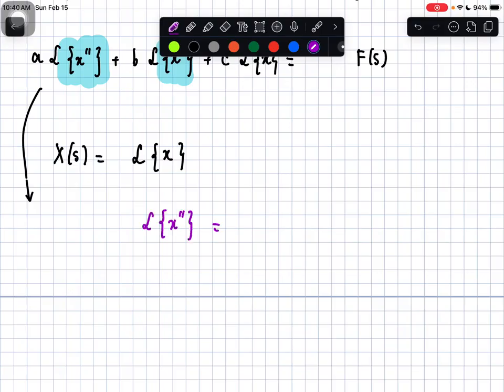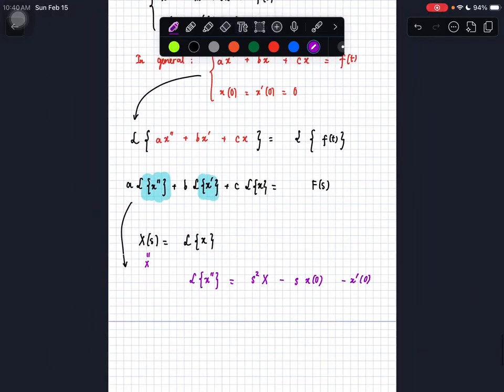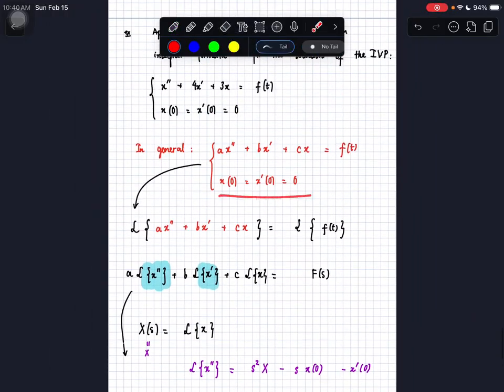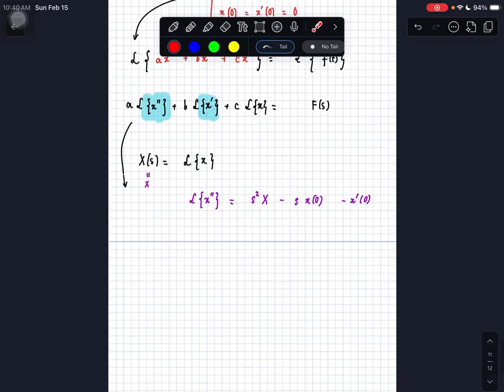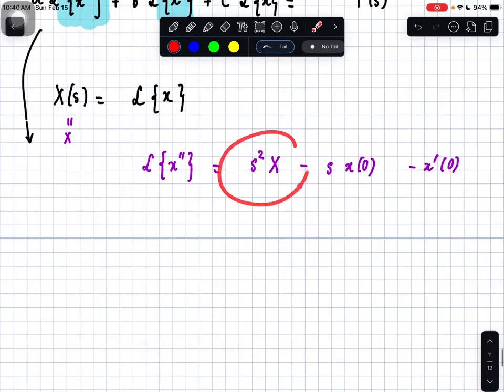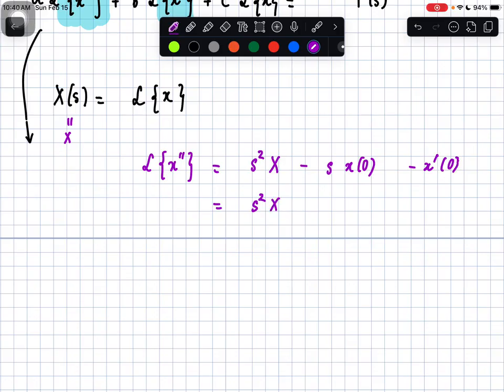It is s squared times big X, minus s times small x at 0, minus small x prime at 0. But the initial conditions are all 0. So the only term left is s squared times X, minus 0 minus 0.